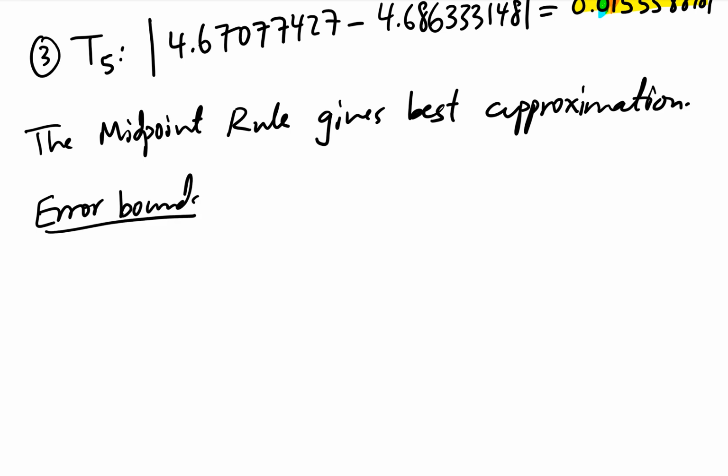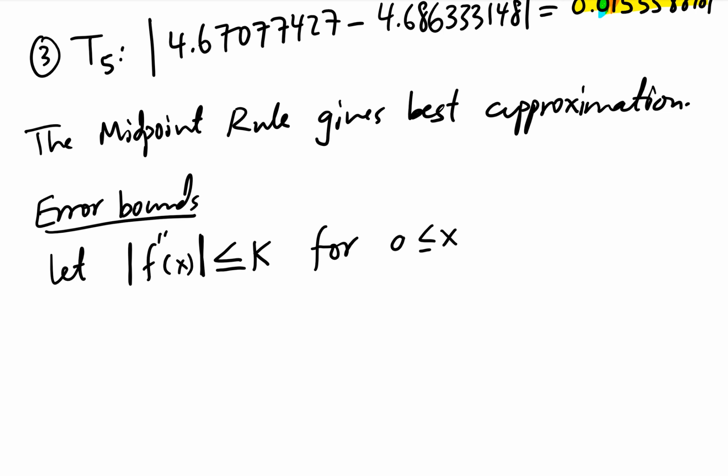Or error bounds. So we let the absolute value of the second derivative of x be less than or equal to a number k for x from a to b. Then we have two things.